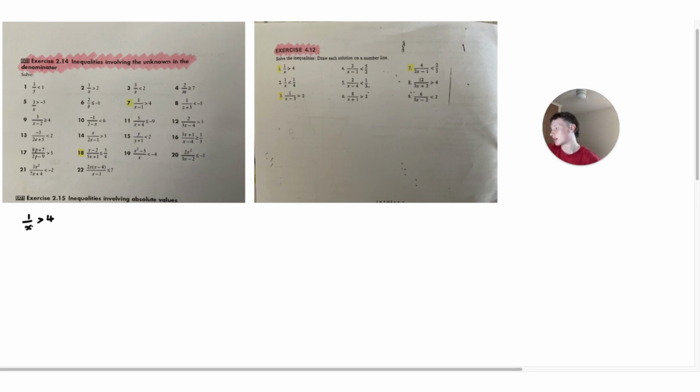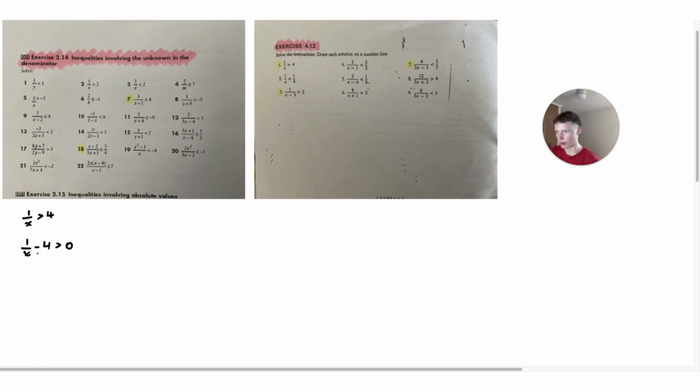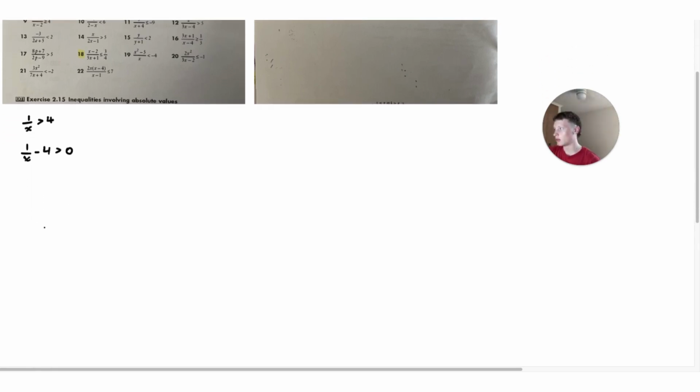So instead of having a 4 here, I'd like to have a 0. And so I can take 4 from both sides, and that will give me 1 on x minus 4 is greater than 0.